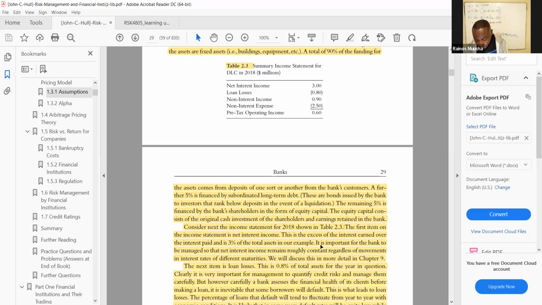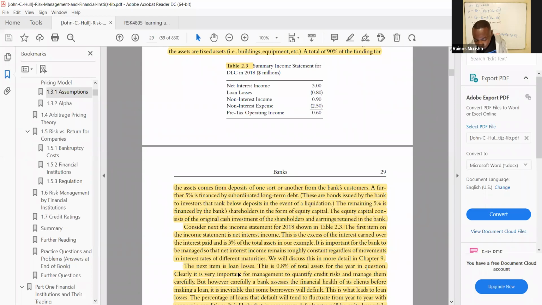So it is important for the bank to be managed so that the interest income remains roughly constant regardless of the movements in interest rates in different maturities. We will discuss this further in chapter 9. Here they say the next item is loan losses. So this is 0.8%, because it's 0.8 million, of total assets for the year in question.